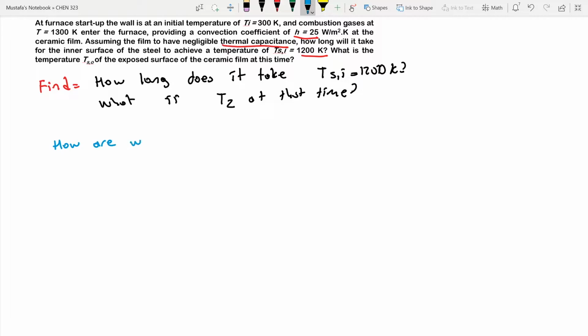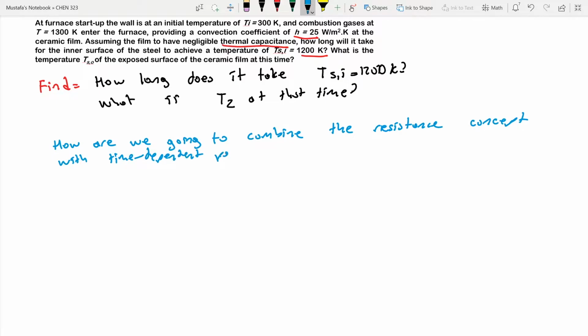How are we going to combine the resistance concept with the time-dependent problem? So this is the unique aspect of this problem.